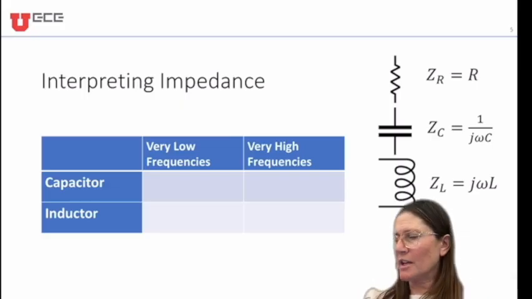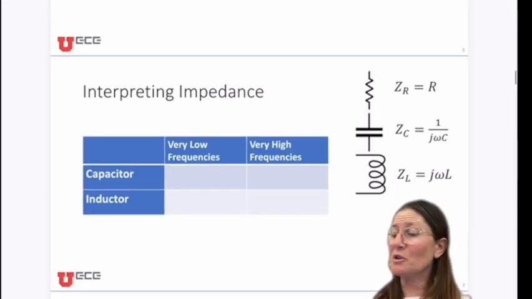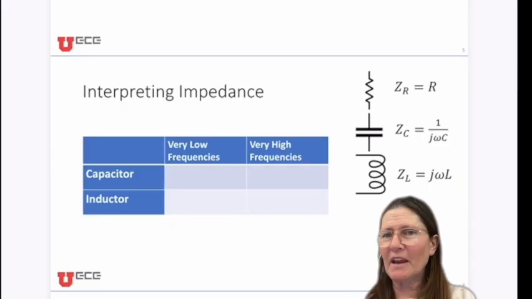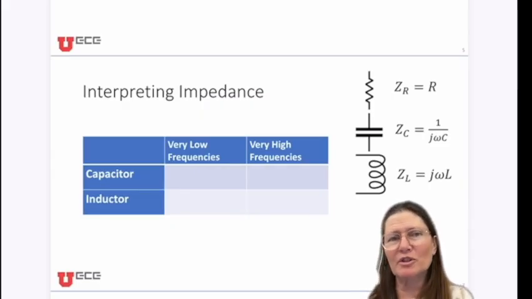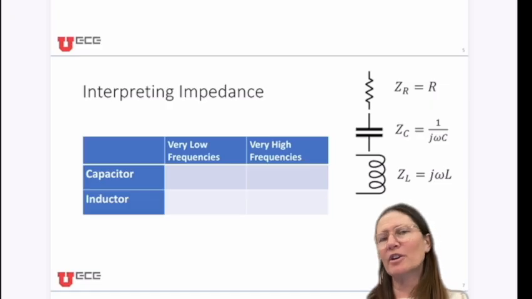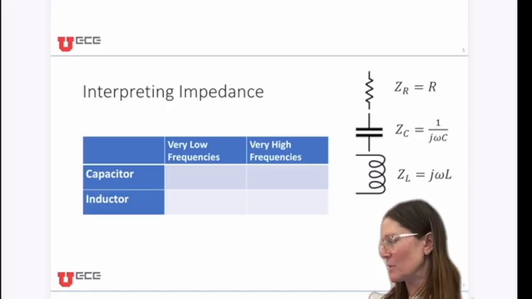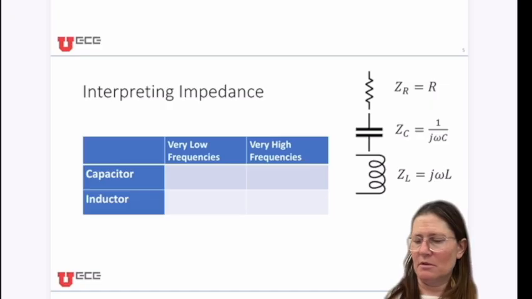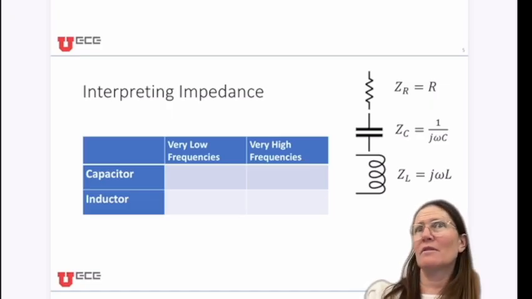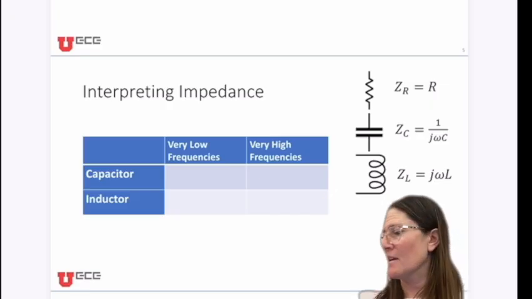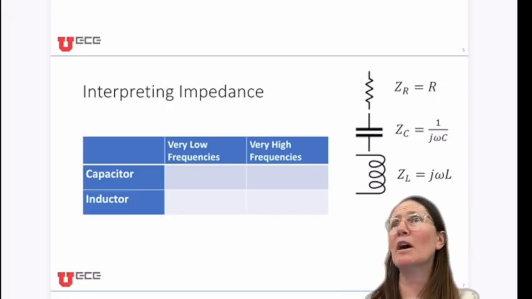So we're just going to take a second and think about interpreting these impedances. For a capacitor, if you have a very low frequency, what happens to it? If C is like 0, what happens to that one? 1 over 0, what happens?